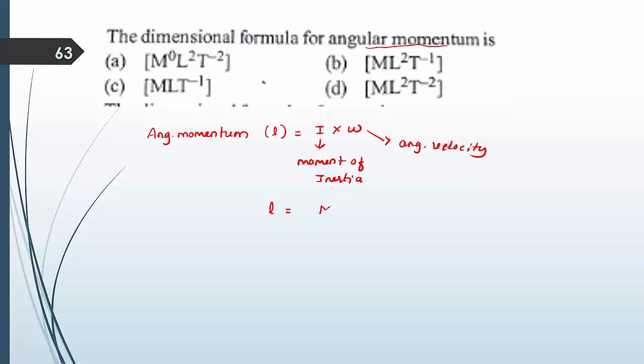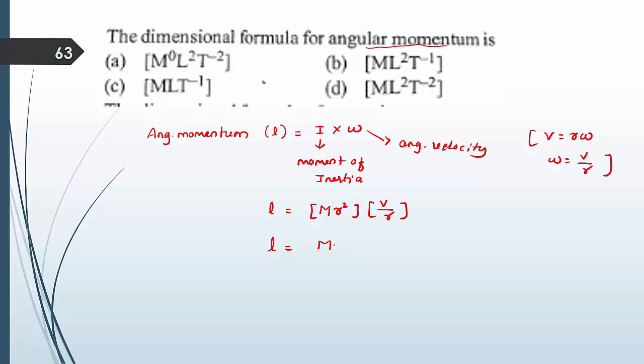I is given by the equation m r square. I equal to m r square. And omega equal to what? We know that v equal to r omega. Omega equal to v divided by r. So in place of omega, I can write v divided by r. Now you can write the dimensions. M, r means what? Radius, radius of gyration or radius.